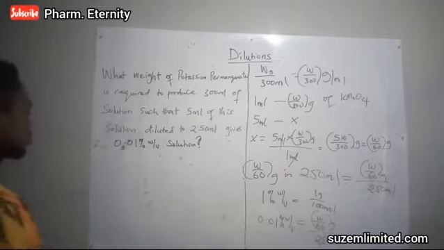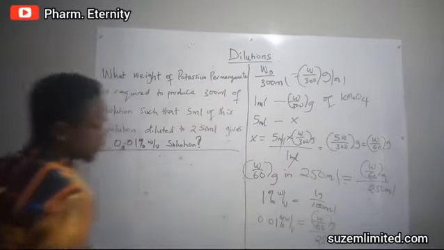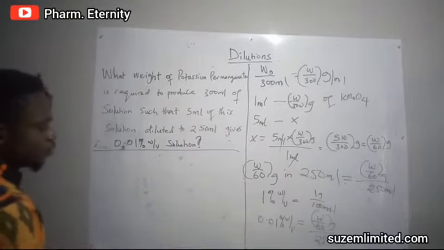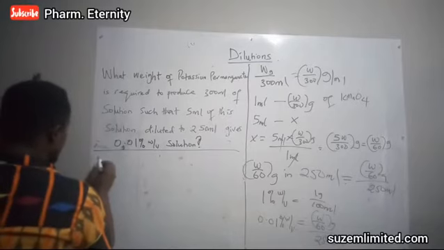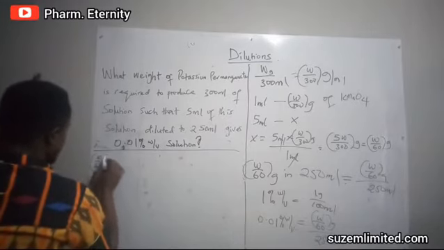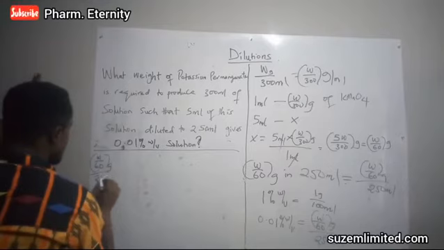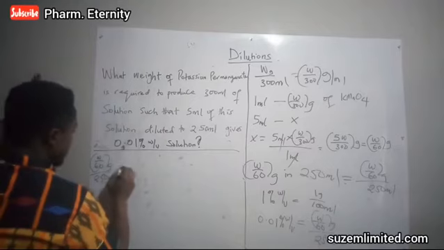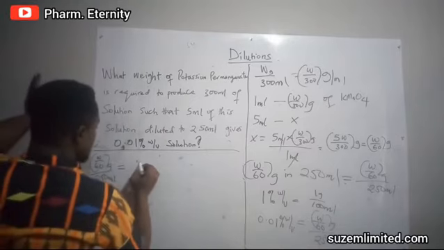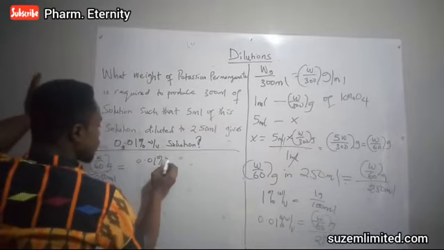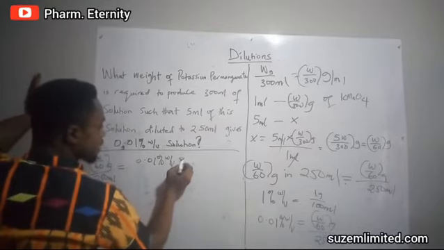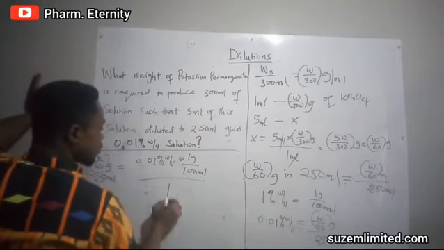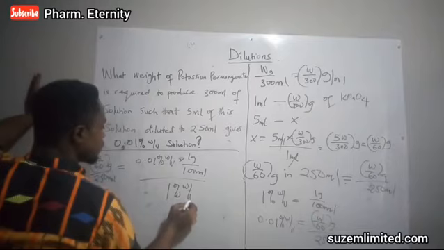So now let us cross multiply and get our W. From here, we can see that W over 60 gram over 250 mL is equal to 0.01% weight per volume times 1 gram all over 100 mL divided by 1% weight per volume.